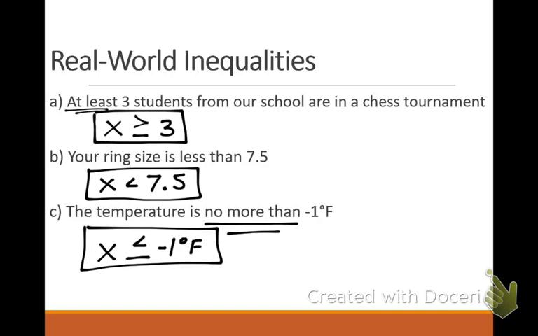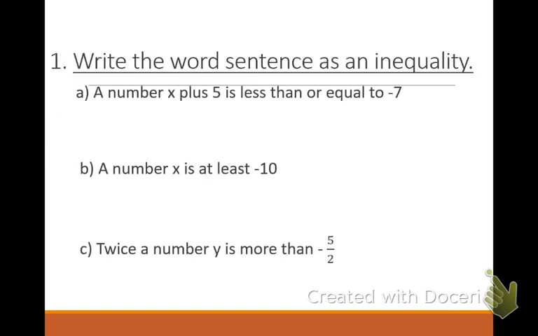Excellent job. For this one, we're going to write the word sentence as an inequality. Problem A says a number x plus 5 is less than or equal to -7. This is pretty self-explanatory. Kalani, what should I do? A number x, so we're just going to put an x.